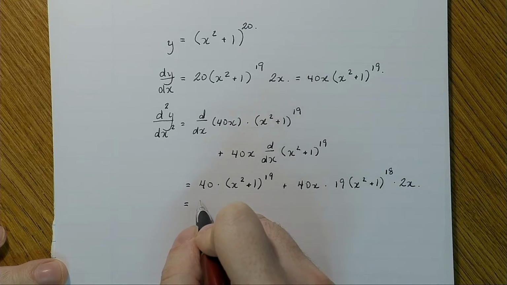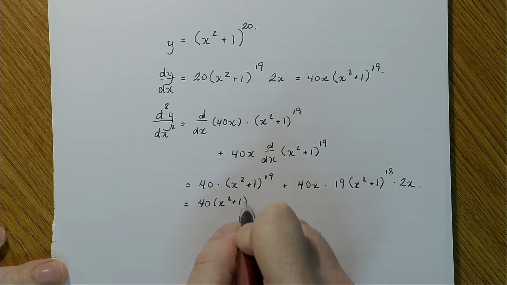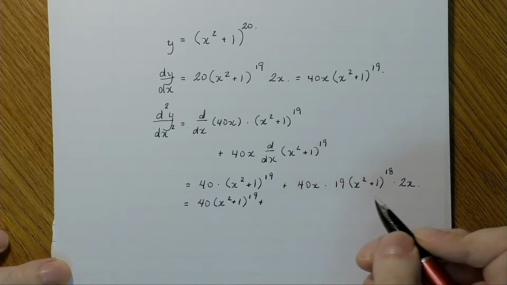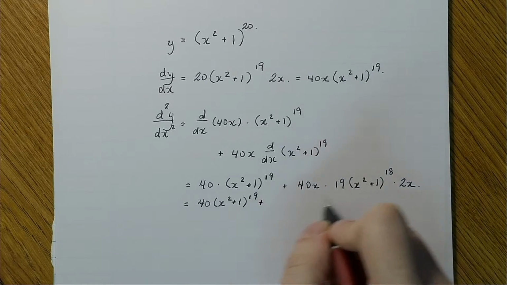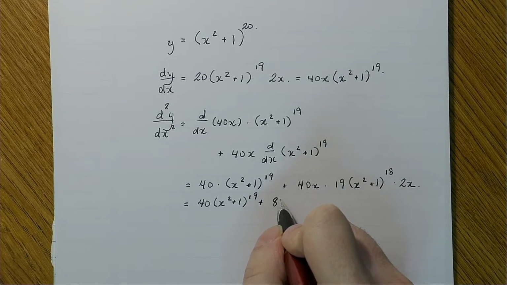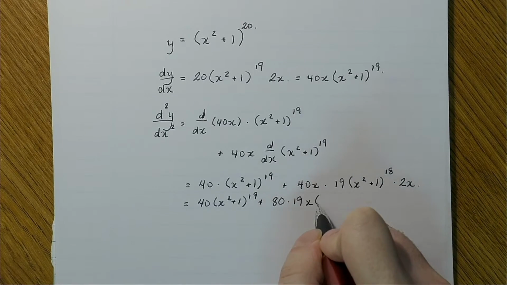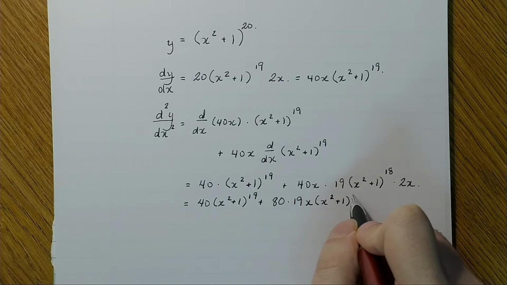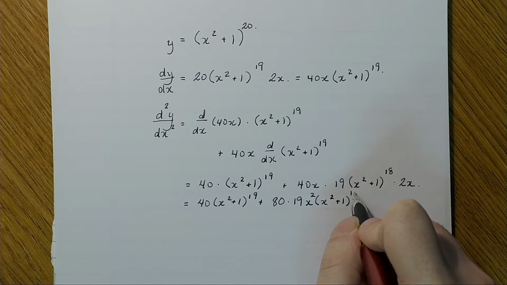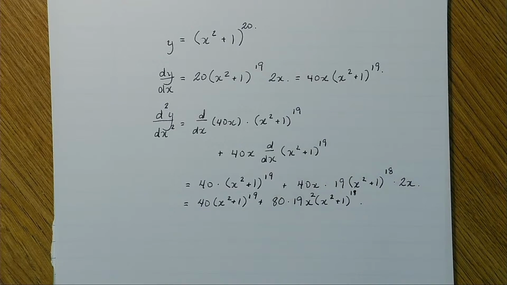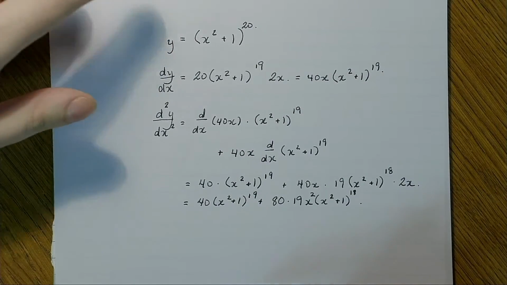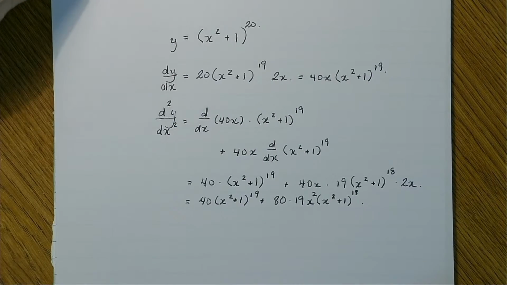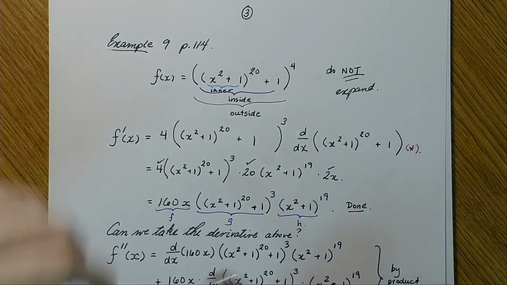And then we can simplify: 40 times x squared plus 1 to the 19th, plus 80 times 19x squared plus 1 to the 18th. So there's an example where I can apply the chain rule and the product rule in one question. Hopefully that answers your questions.